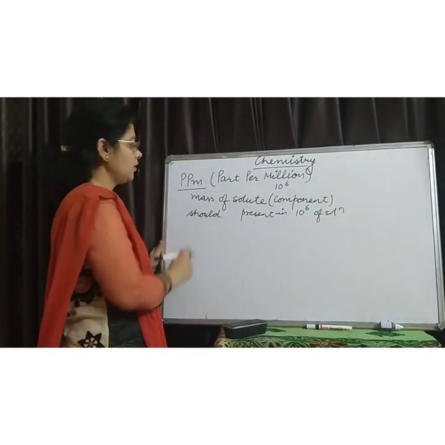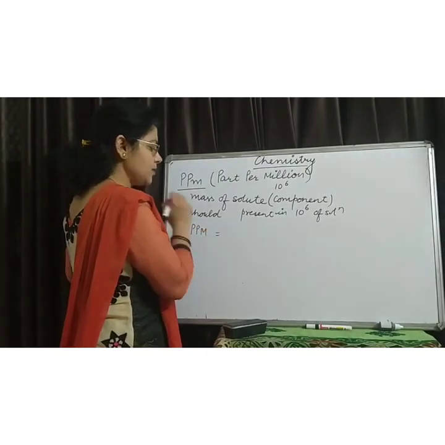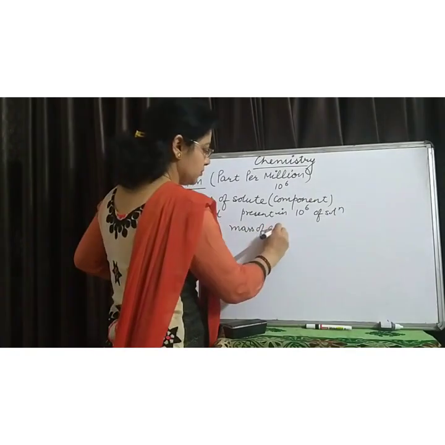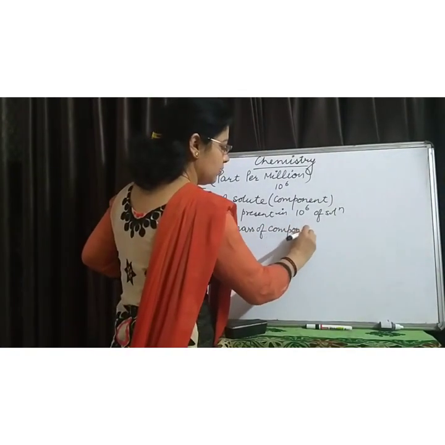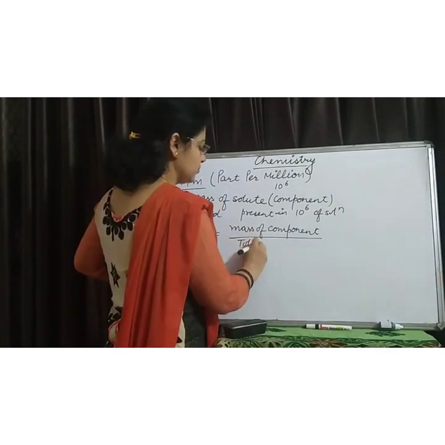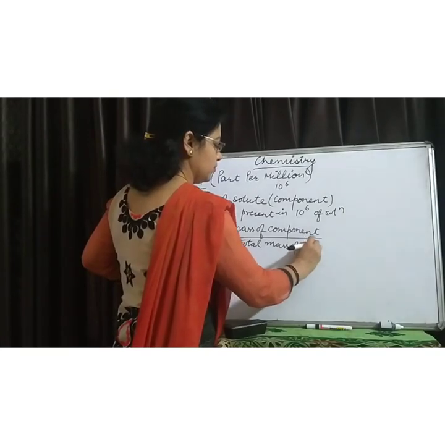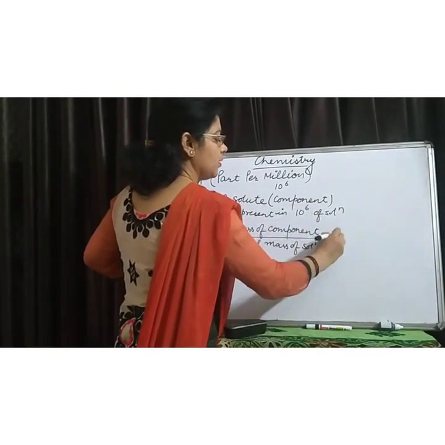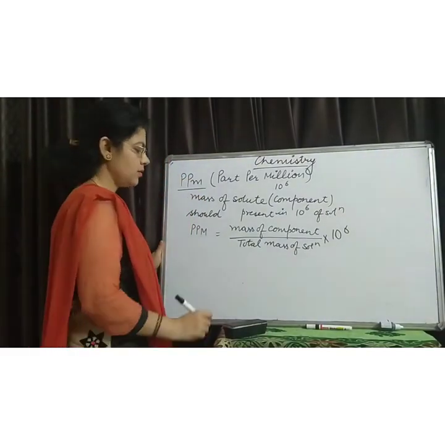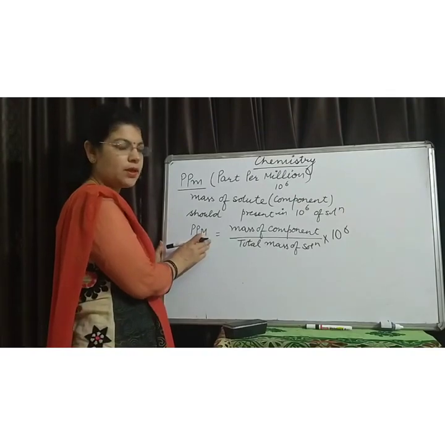Mathematically, ppm can be calculated as mass of the component divided by total mass of the solution, multiplied by 1 million, that is 10 raised to power 6, and its unit is ppm.